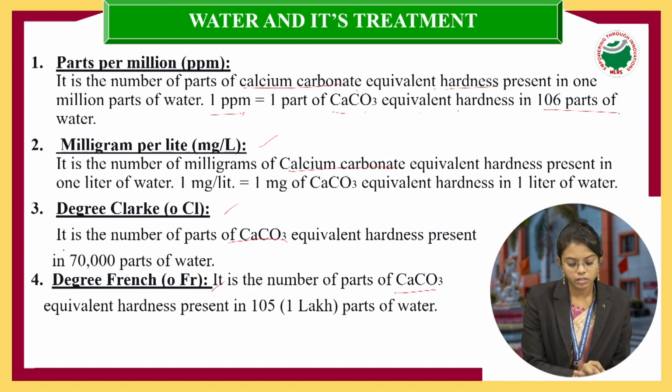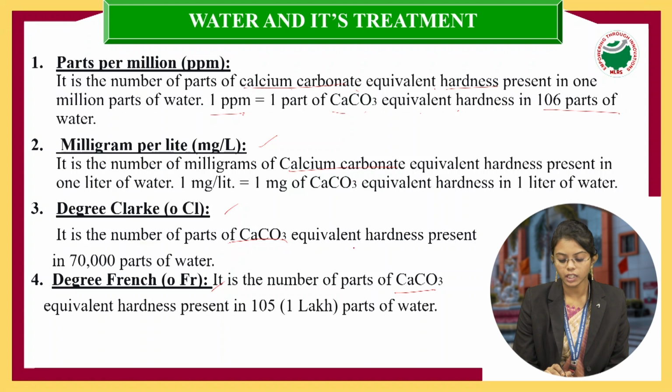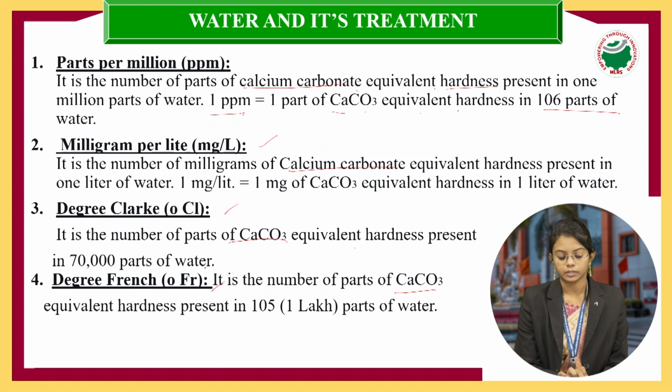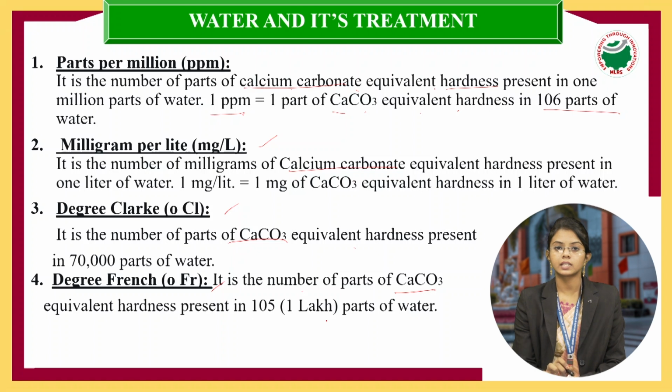For the degree Clarke also, it is the number of parts of calcium carbonate equivalent present in 70,000 parts of water. And here also it is the number of parts of calcium carbonate equivalent present in 10^5 parts of the water. These are the other units we can express our hardness in. Majorly we are going to use ppm, that is parts per million.